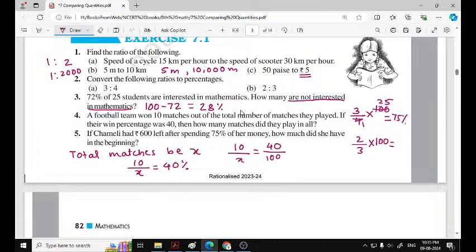This winning ratio is 40%. So by cross multiplication we get 4X is equal to 100. So X is equal to 25. So in all they played 25 matches.